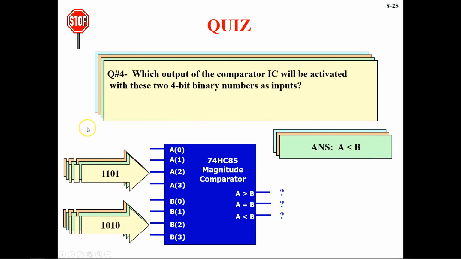And then in this one, A is clearly higher than B. So this is going to be A is greater than B. If you see this number, this is 13 in decimal and this is 10 in decimal. So 13 is greater than 10, and that's how you can also check it. So A is greater than B, so that's our answer.